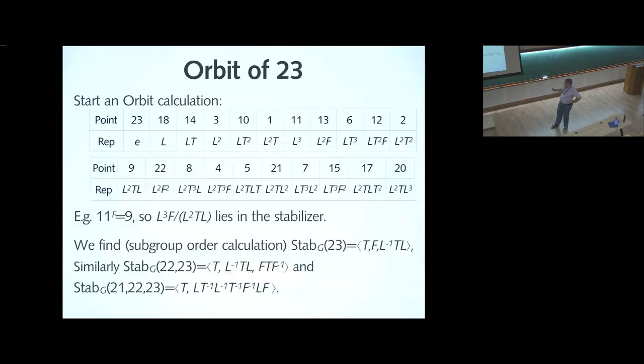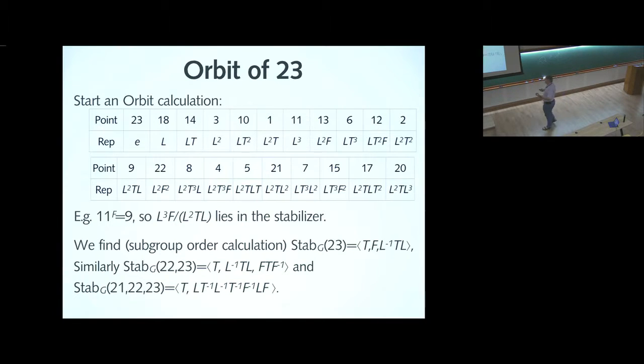And I can build that transversal. So I would find, for example, that if I take 11 under the front rotation it is 9, which also is in this list. So L cubed times F divided by L squared TL must lie in the stabilizer.